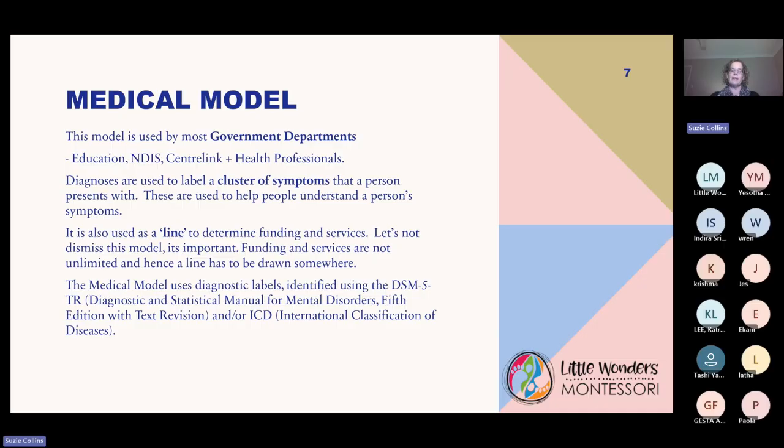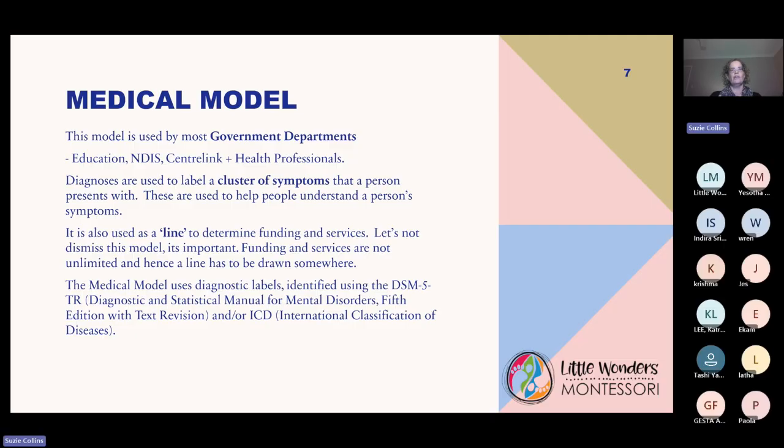The second manual that the medical model uses is what we call the ICD, the International Classification of Diseases, and that was put together by the World Health Organization. Both of those manuals are used to create diagnoses, and they have quite similar criteria, but they're just two different systems or manuals that are used.